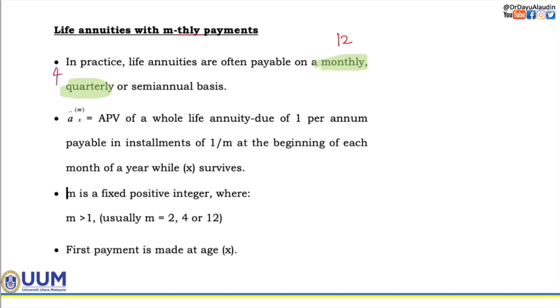And for a semi-annual basis, every 6 months, it becomes twice a year. So this is the notation for annuity due for monthly payments. M can be 2 for semi-annually, 4 for quarterly, and 12 for monthly. So the first payment is made at age x because it is due.